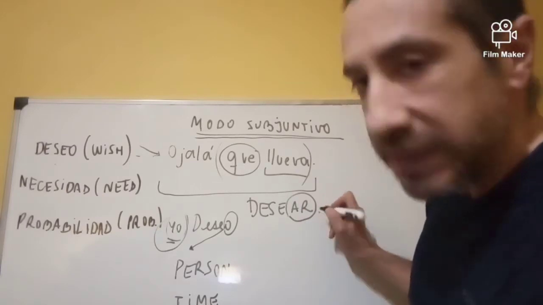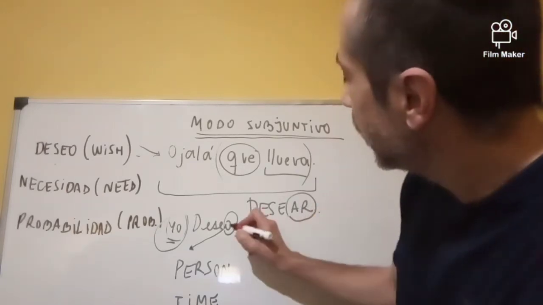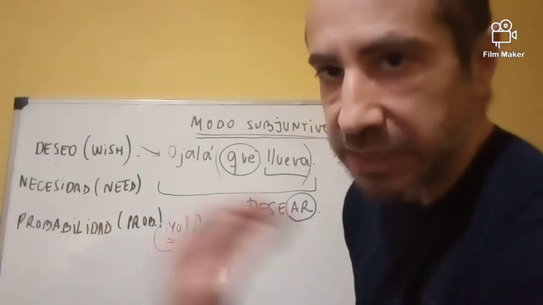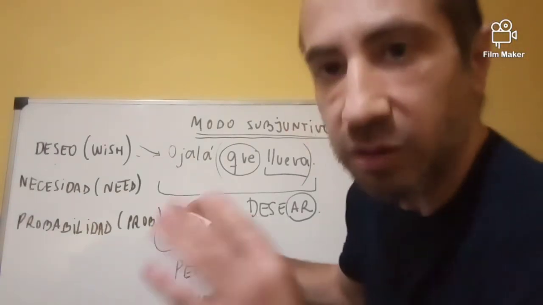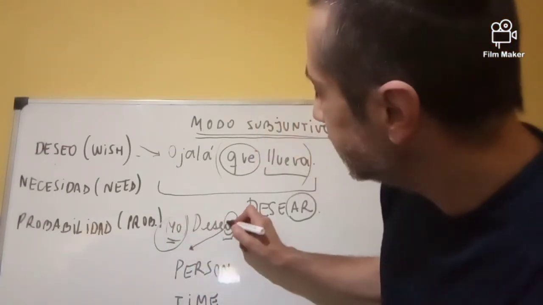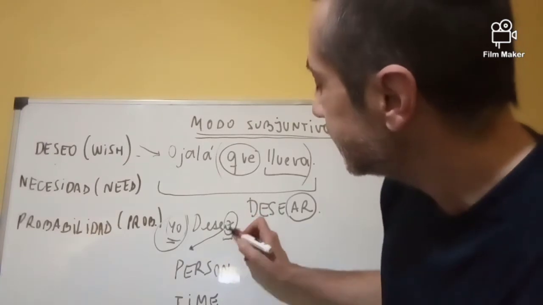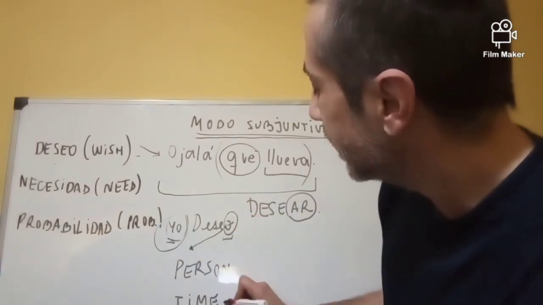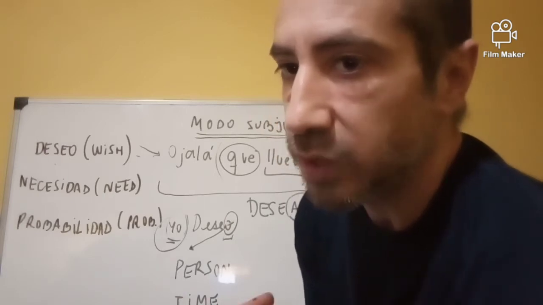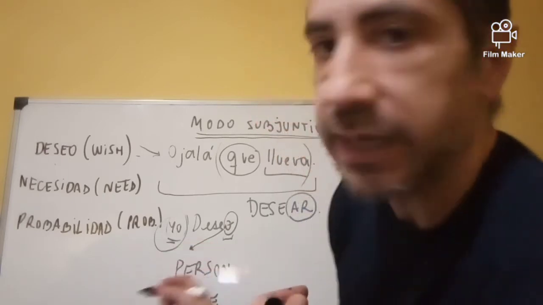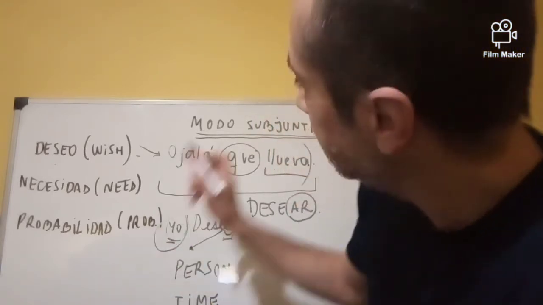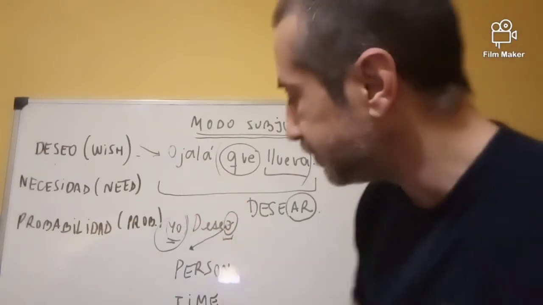This is in the infinitive, and we know that if we say deseo, I'm referring to the pronoun yo. And this O also means that I'm talking about what I wish in the present time and in the indicative mode, in el modo indicativo.